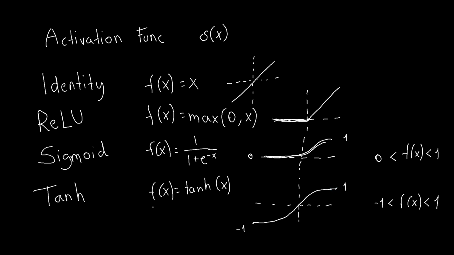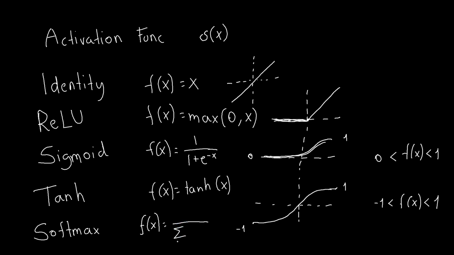And the last function that we are going to see is the Softmax, a common function in neural networks. The Softmax is a little bit more complex because you have to take into account the other outputs.